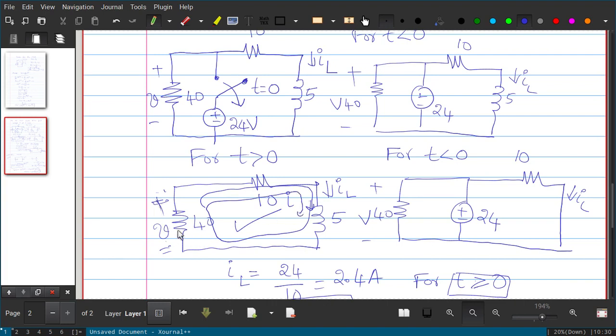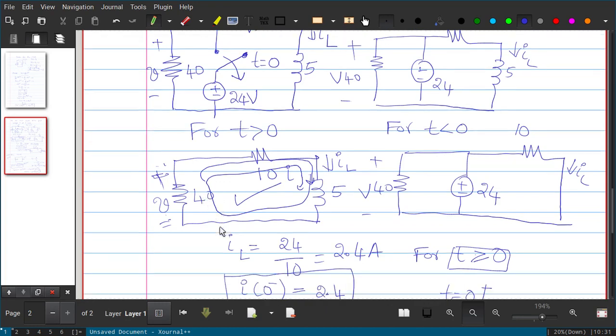According to the passive sign convention, current should enter into the plus terminal, not the minus terminal. In this case, current is entering at the minus terminal and leaving at the plus terminal. Our passive sign convention tells us current should enter from the plus terminal and leave from the minus terminal.